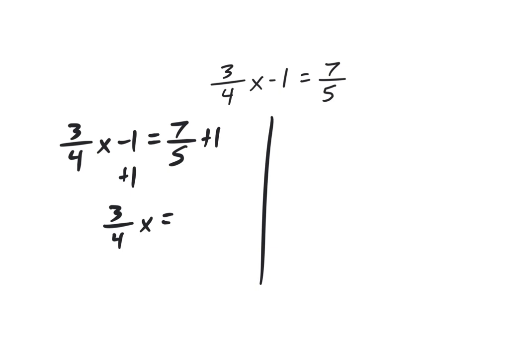So I get 7/5 plus 1. And that's something that you could probably put into your calculator as well. But 1 is really 5/5. So 7/5 plus 5/5, remember you got to have a common denominator, would really be 12/5. Okay? And like I said, you could just type it into your calculator.